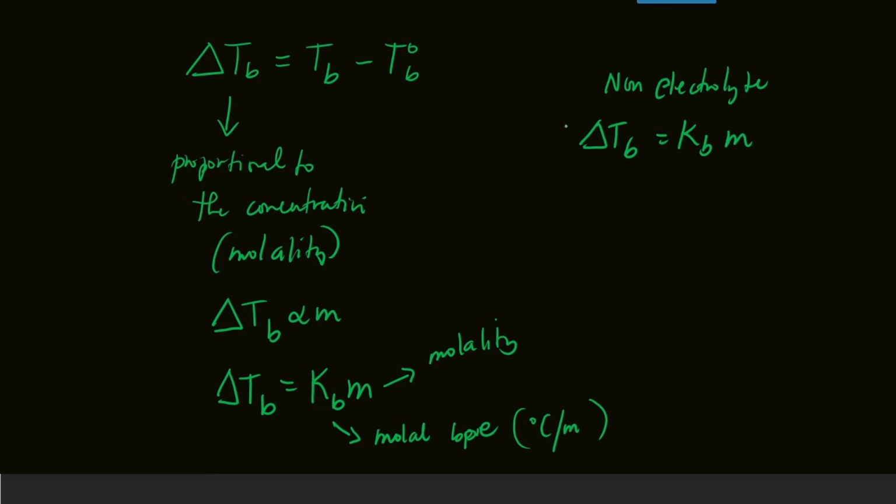For electrolyte naman, ang gagamitin mong formula is boiling point elevation equals the van 't Hoff factor times the molal boiling point elevation constant times the molality. Anong pinagkaiba nila? Sa electrolyte, meron kang van 't Hoff factor. Dito naman sa non-electrolyte, wala.